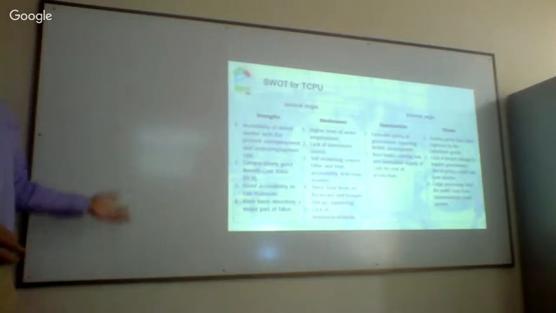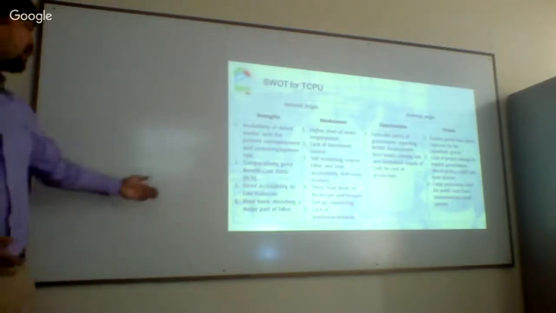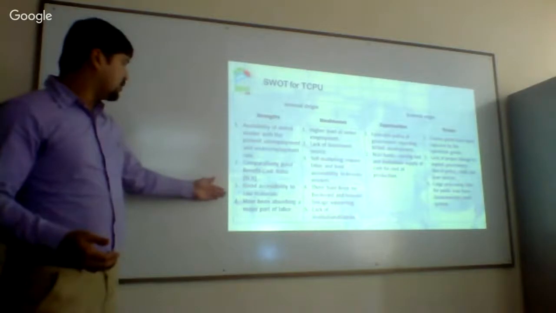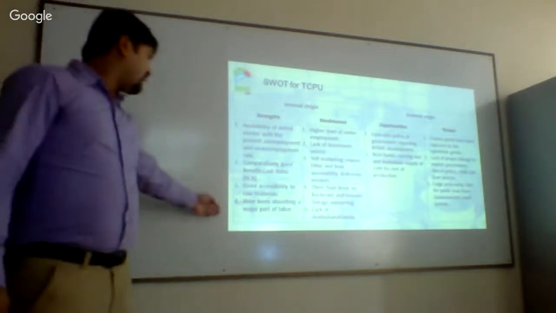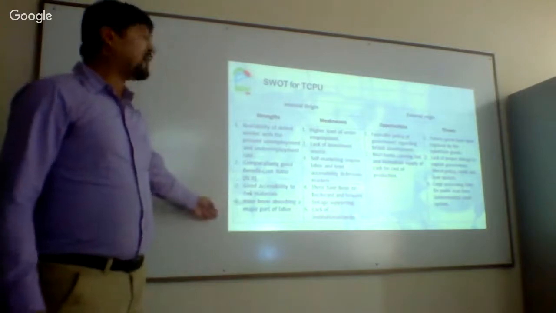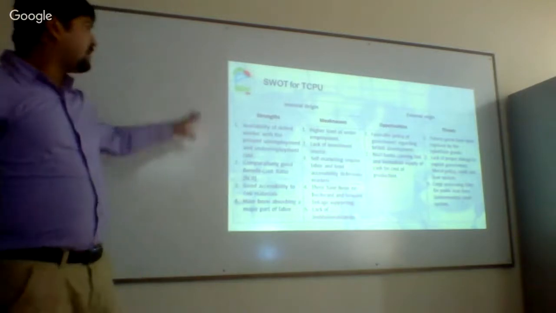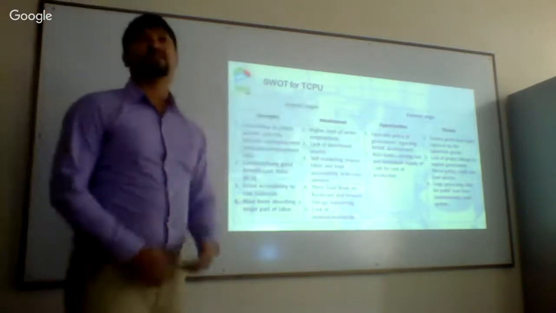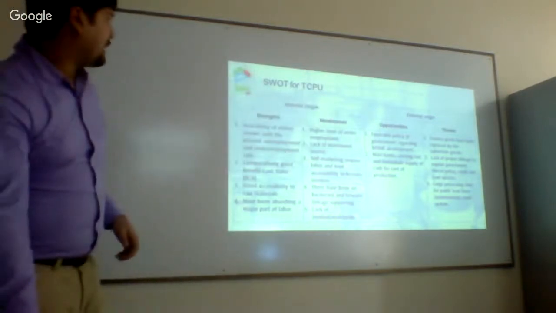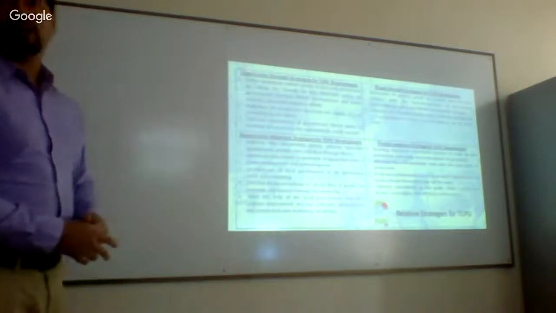They have a comparatively good benefit cost ratio, as I showed you, good accessibility to raw materials, and have been absorbing a major part of labor. This kind of strengths, weaknesses, opportunities, and threats I listed down and made a strategic framework for their further development.